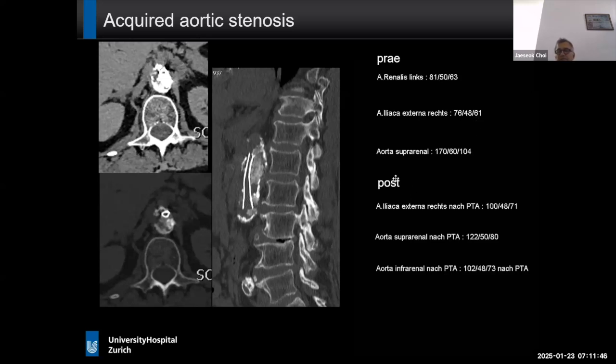And afterwards, just a gradient of about 10, yes, 80 to 70, around 9 to 10 millimeter mercury. So that type of lesion, for example, would not be included in the TASC classification.